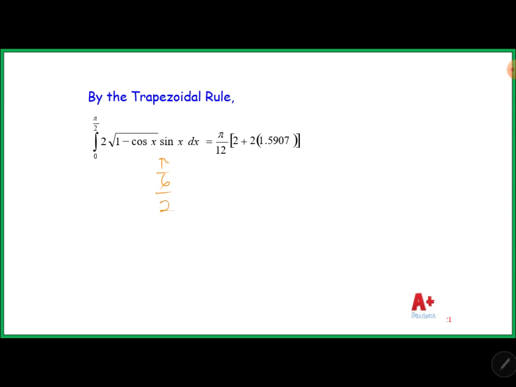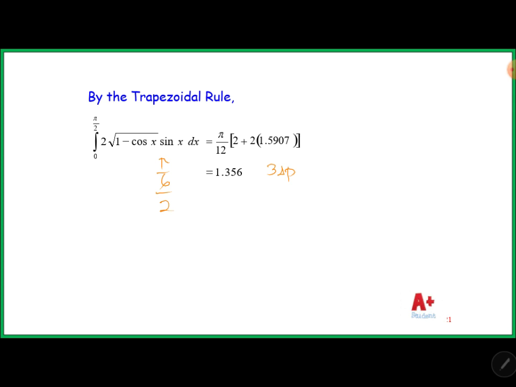And then multiply by y0 plus yn, which is equal to 2, plus 2 multiply with y1 up to yn minus 1, which is 1.5907. Now, using your calculator, you get the answer 1.356, which, following the question, they ask you for 3 decimal places. So we are done with the question B.